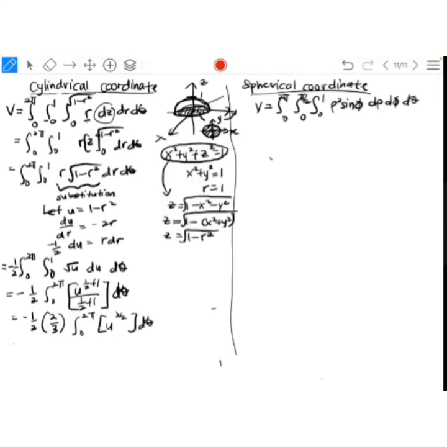But before I do anything with that, I have to substitute back the r, which is 1 minus r squared to the power 3/2, and then substitute the values from 0 to 1.